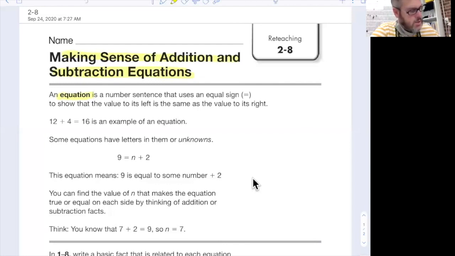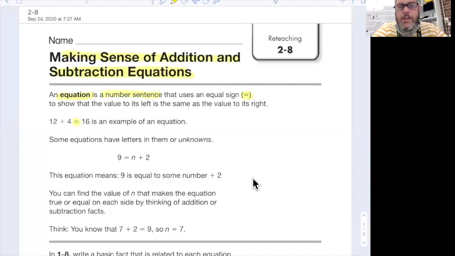So an equation is a number sentence using the equal sign. You probably know that. In the first example, 12 plus 4 equals 16 is an example of an equation, a number sentence. 12 plus 4 equals 16.